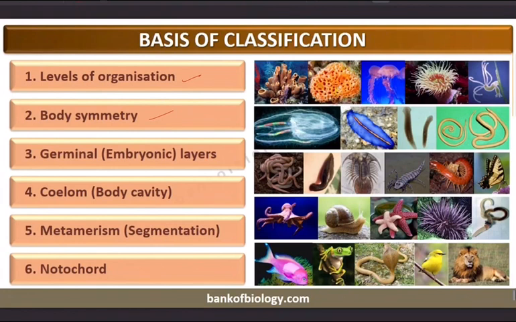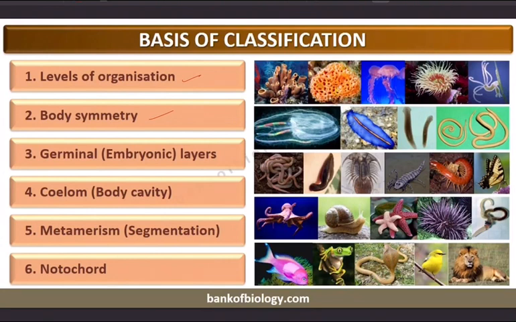Then we come to body symmetry. When you talk of body symmetry, it is the parts of different regions and the direction of the body. Direction or axis is important. It is of three types. Asymmetrical: some animals' bodies cannot be divided into two equal halves by any plane.